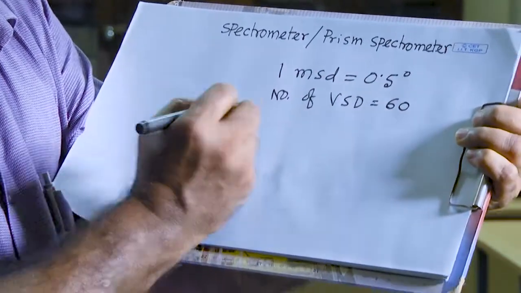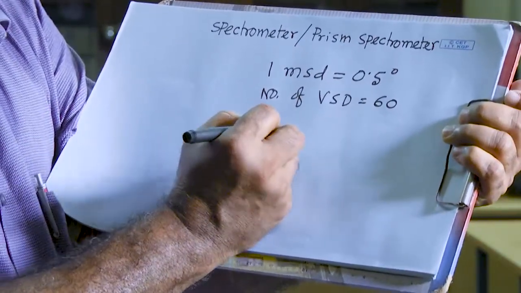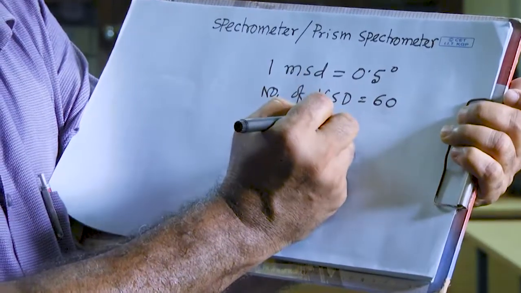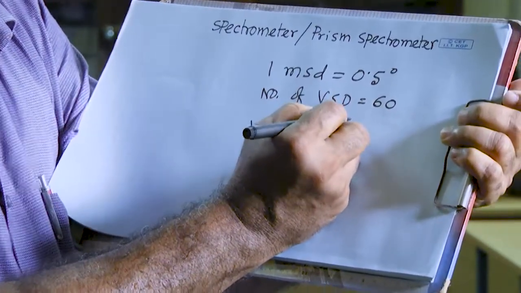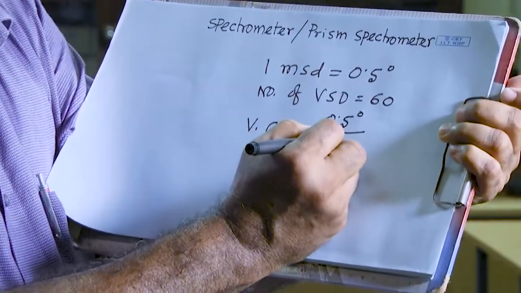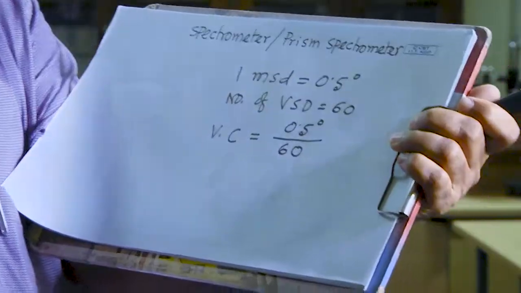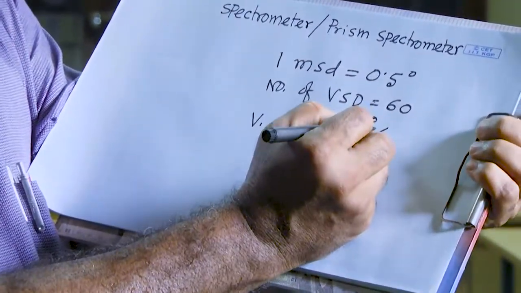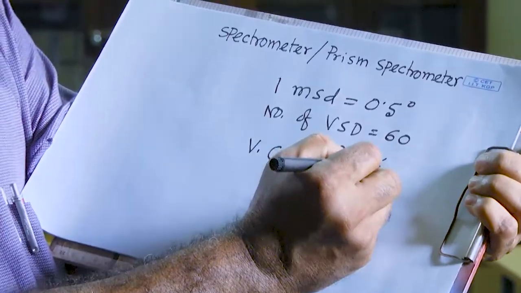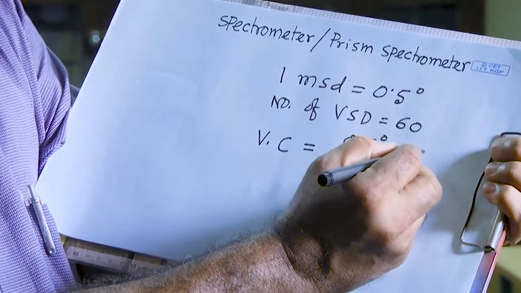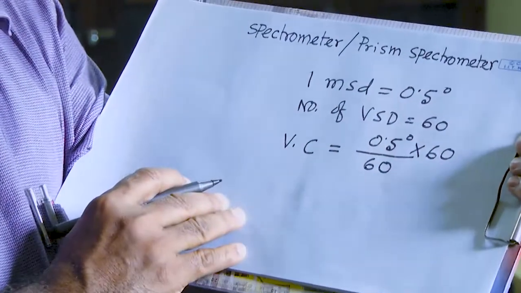So, vernier constant equals one main scale division, 0.5 degree, divided by the total number of divisions. This degree, if I convert into minutes, I have to multiply by 60.